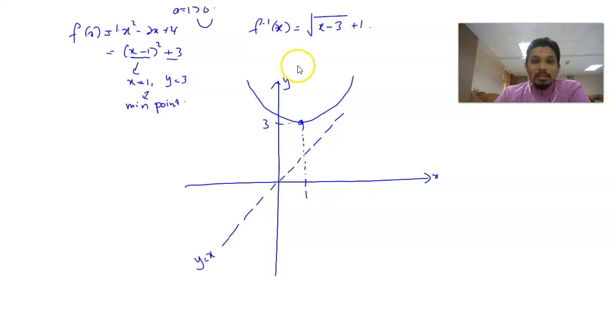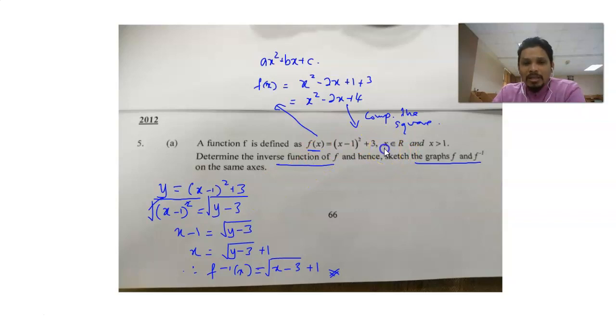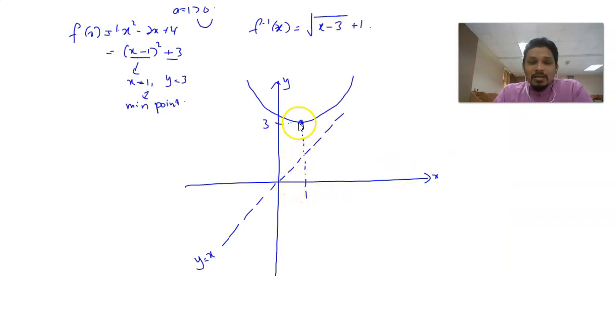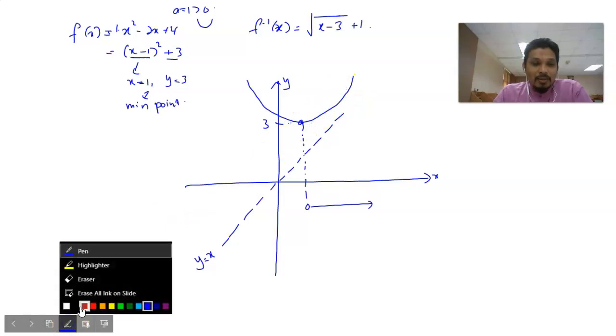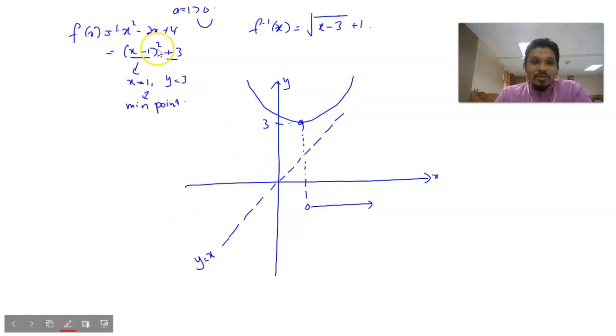And now class, please read the question again, where x is an element of the real numbers and x is greater than 1. Meaning this graph is valid for x greater than 1, so it's only half of the graph. So the graph that we want from this function is this, and let's erase the rest of it.